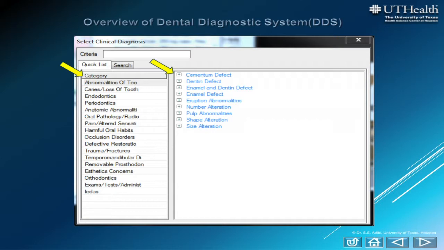You will be able to switch between each main category on the left and click the plus sign to expand each subcategory for more granularity in selections of diagnosis. Starting on the next slide, we will explore each main category and select a subcategory appropriate for that particular example case.